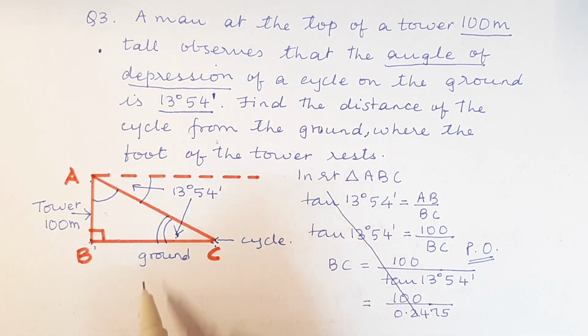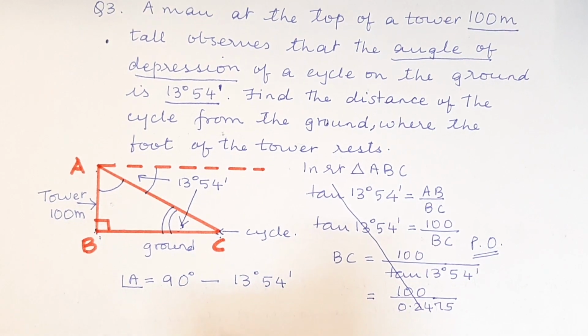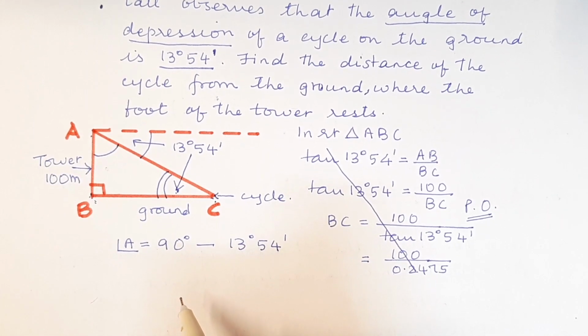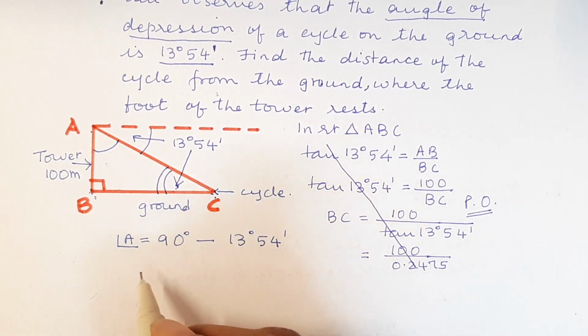Now this angle A is going to be 90 degrees minus 13 degrees and 54 minutes. Some of you may have a little confusion regarding how to subtract this, so I'll show you the steps and put them in brackets.